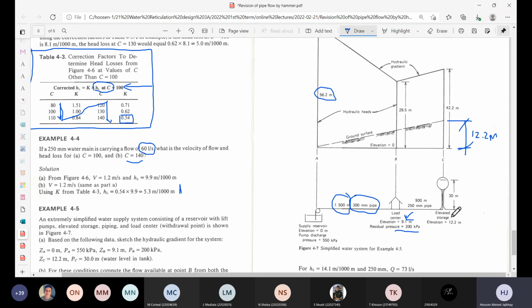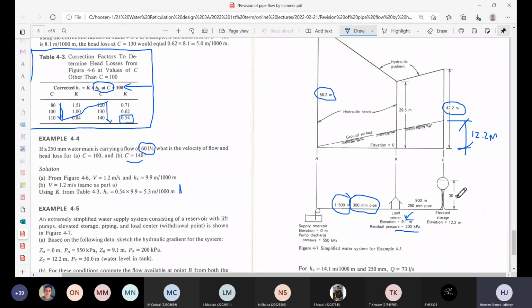And then the tower itself is 30 meters above the ground level. So that's where the full supply level of water in that elevated storage tower is. So 30 plus that 12.2 would give you 42.2 meters. So that's how we arrived at this value here.